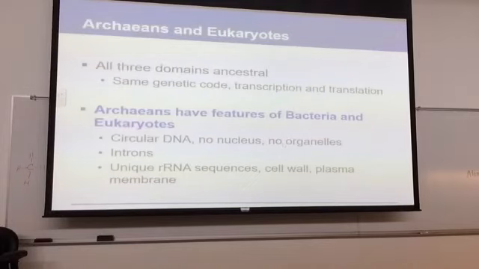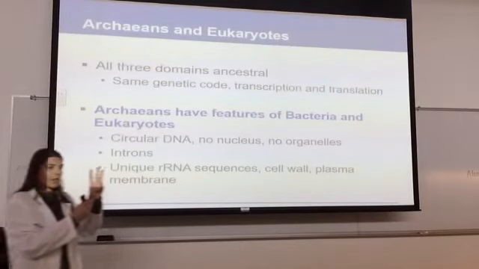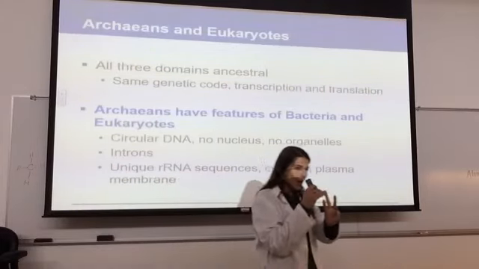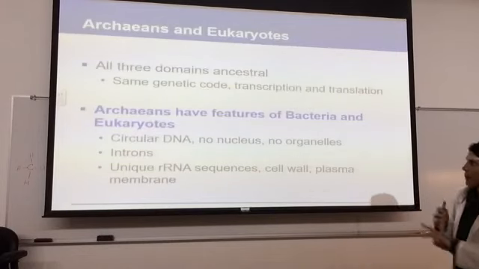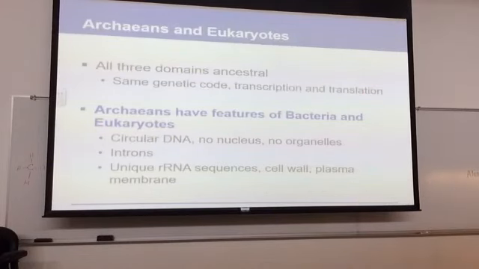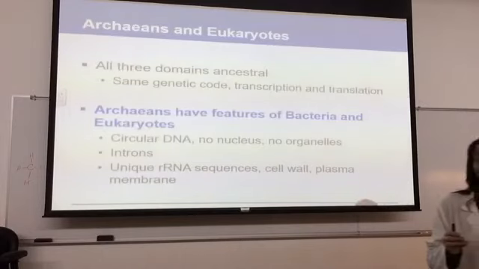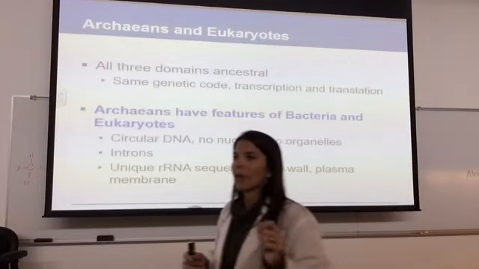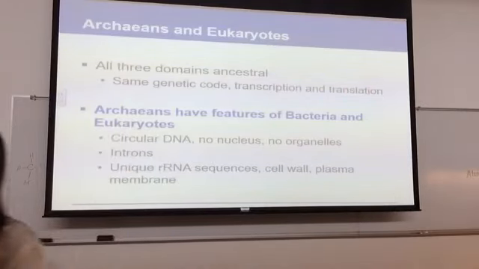Archaeans and eukaryotes. So bacteria, archaea, and eukarya are the three domains. And we studied those in 06. Bacteria, archaea, and eukarya. What distinguishes regular bacteria from archaebacteria? Archaebacteria has to live in extreme environments because it is lacking peptidoglycan in its cell wall.